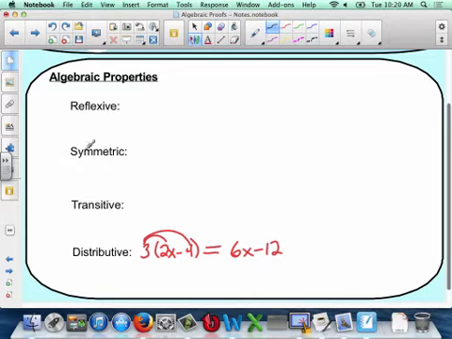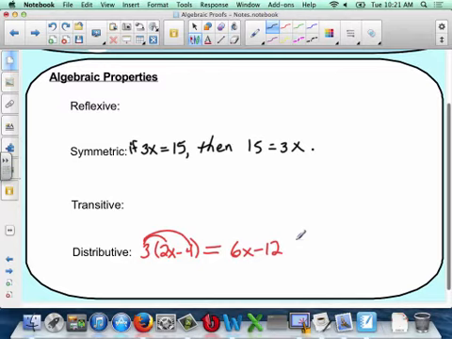Algebraically, when we talk about symmetric property, it's going to be the same equation, but it gets flipped. Okay, it's a flipped image. So, for example, I might say that 3x equals 15, which then, so if 3x equals 15, then 15 is equal to 3x. That's the symmetric property. I'm switching the order, flipping it around.